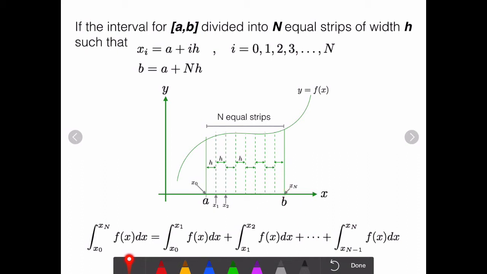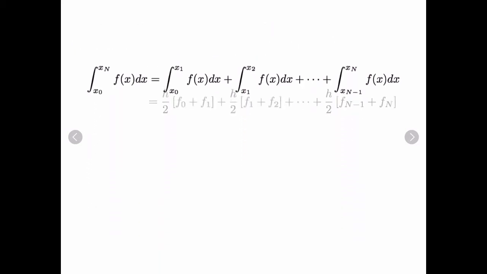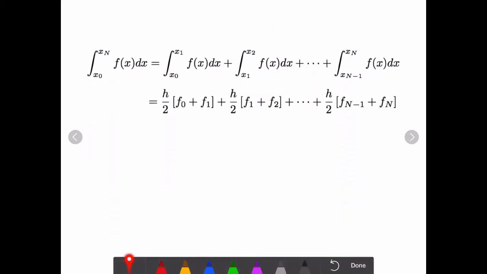And next, how are we going to formalize the formulas? Basically, the first integral will use the first trapezoidal rule, and we do that for each case here, 1, 2, 3 until fn. So this is f0 here, and this is f1, and this is the first formula, and then this is the formula for the second integral, and this is another one for the last integral.